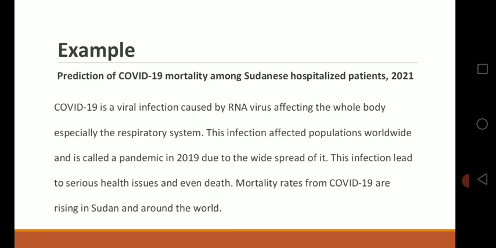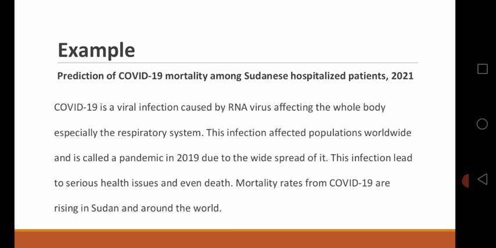COVID-19 is a viral infection caused by RNA virus affecting the whole body, especially the respiratory system. Okay? After that, what did I say? This infection affected populations worldwide and was called a pandemic in 2019 due to the wide spread of it. So in this first part, we defined the problem. Then we continued.